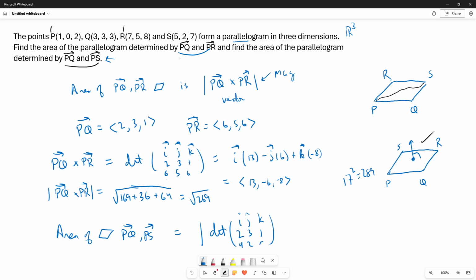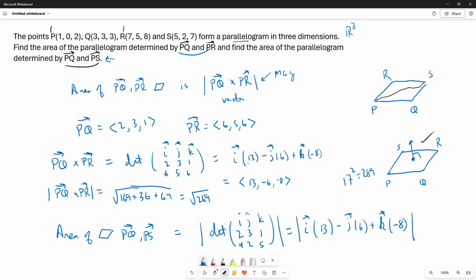So this is going to be i times 15 minus 2 is 13. We need the magnitude of this. And then minus j times 10 minus 4 is 6. And then plus k times 4 minus 12 is negative 8.